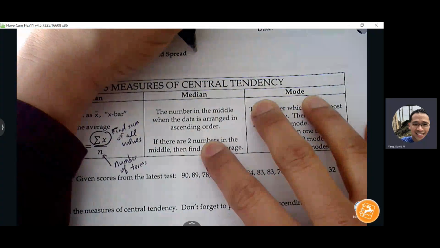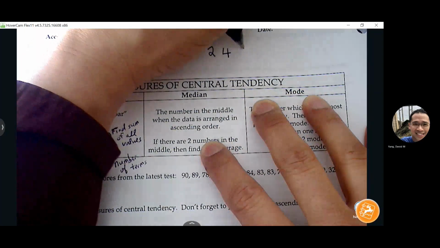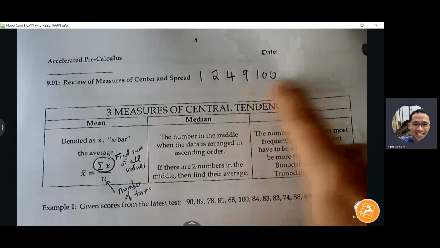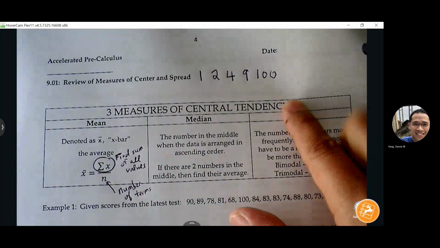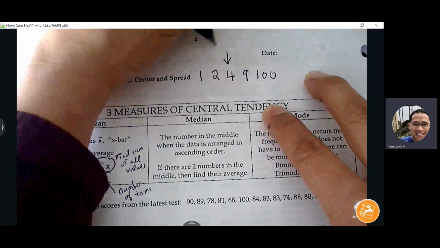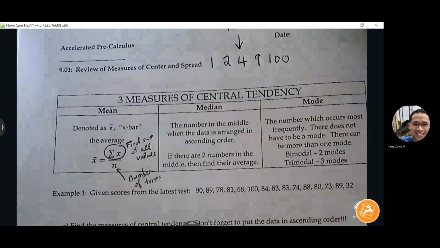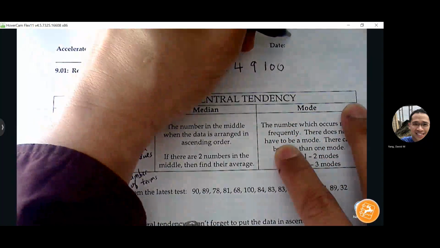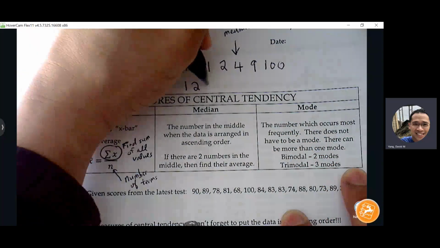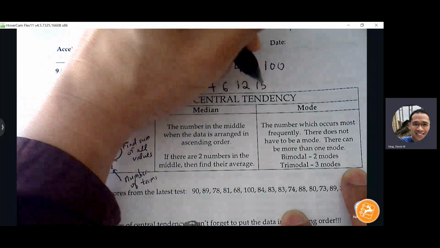So for instance, if I have these numbers here, 1, 2, 4, 9, and 100, what's the median out of these five numbers? 4, that's the middle number, right?